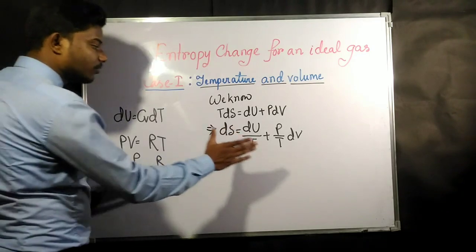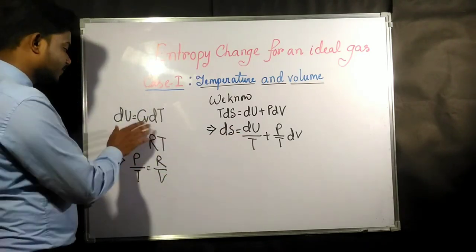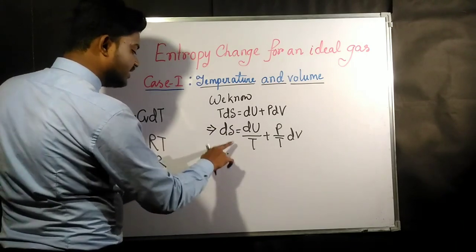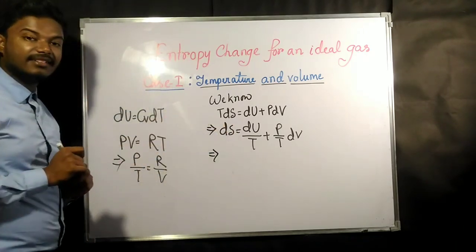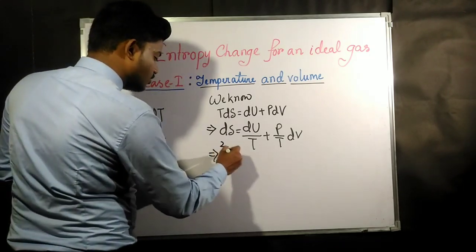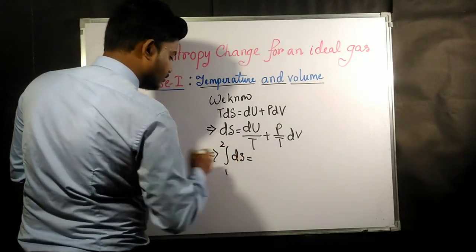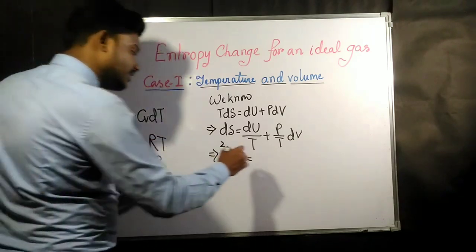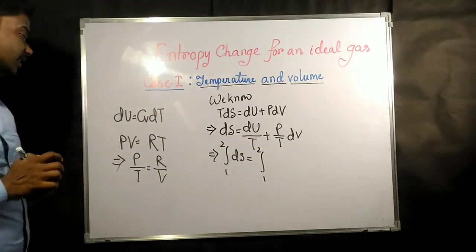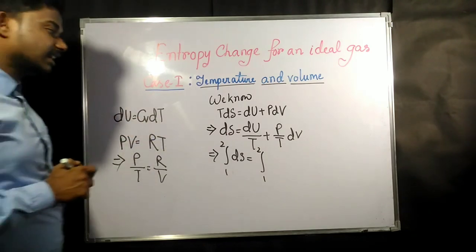So we are going to simplify this. If you replace these values and at the same time integrate from 1 to 2 of dS, what is going to be the value of du? du is nothing but Cv into dT.